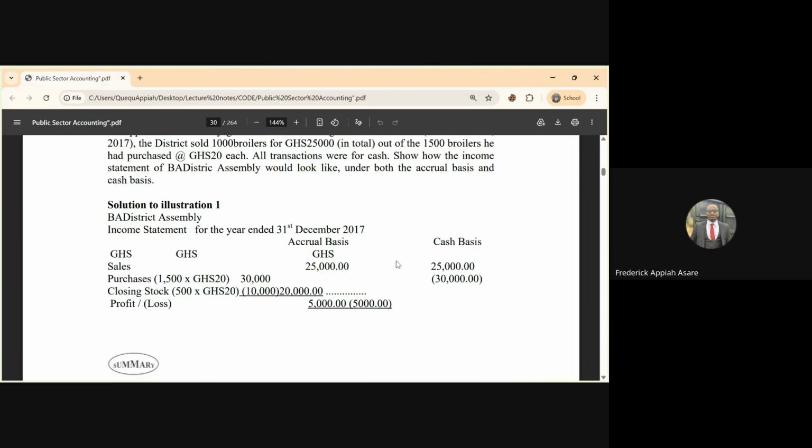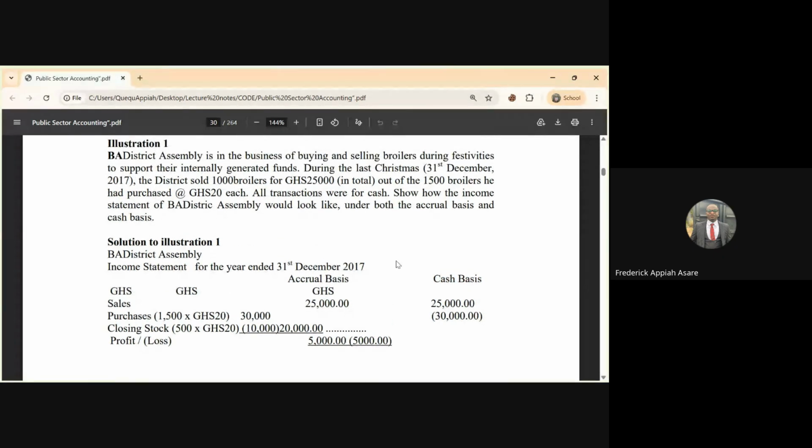The cash basis and the accrual basis. So we are selling 1,000 beds for 25,000. The 1,000 beds we purchased at 20 cedis. So the purchases is what varies. When you are using the cash basis, there is no closing inventory.